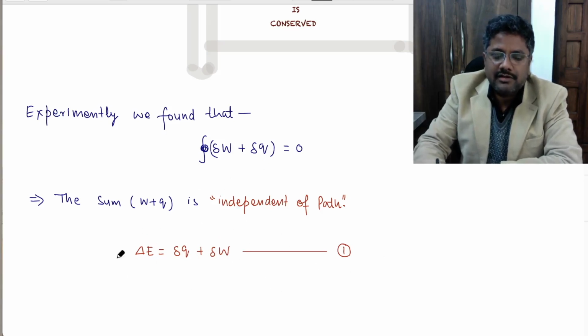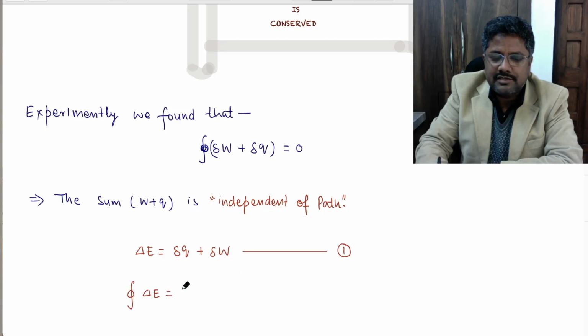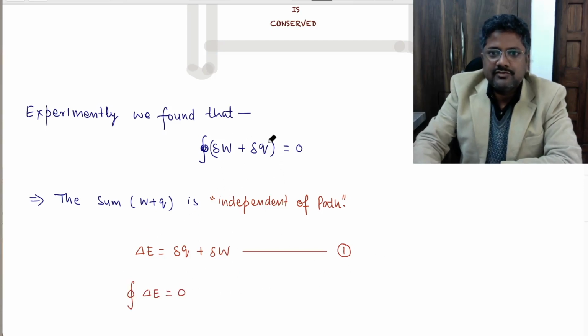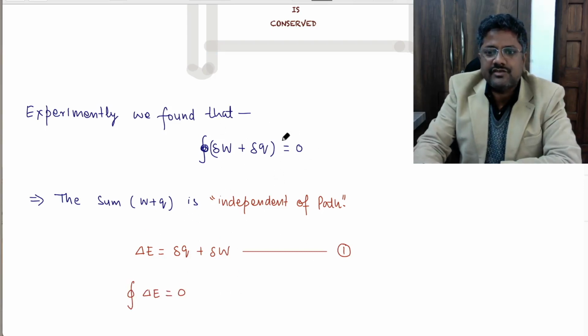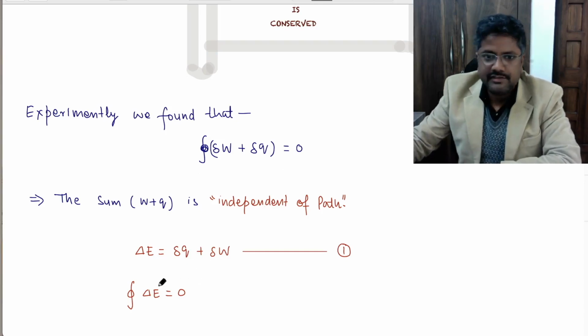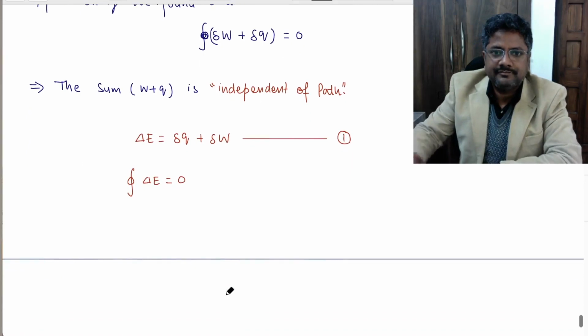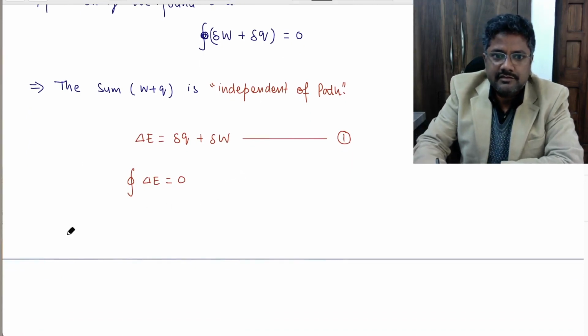And delta E for a cyclic process is equal to 0. So this observation is justified by this.